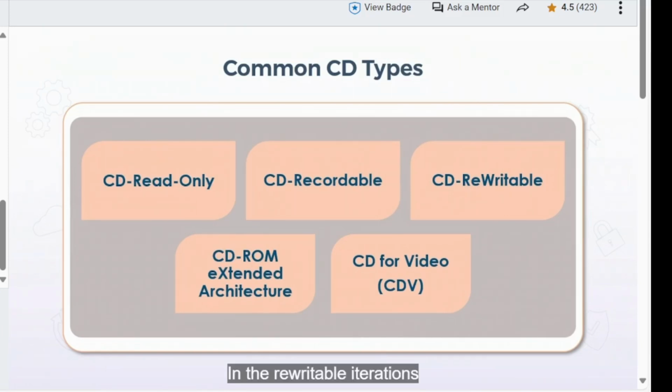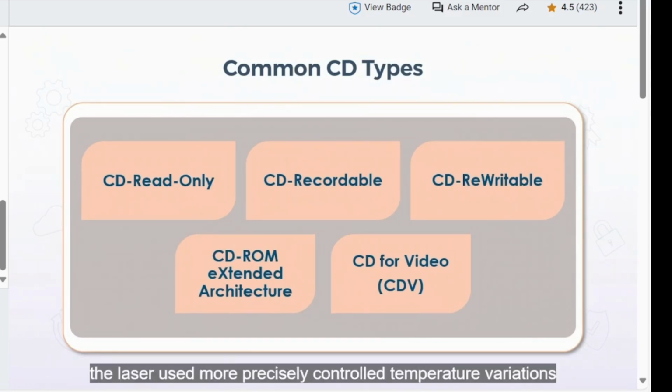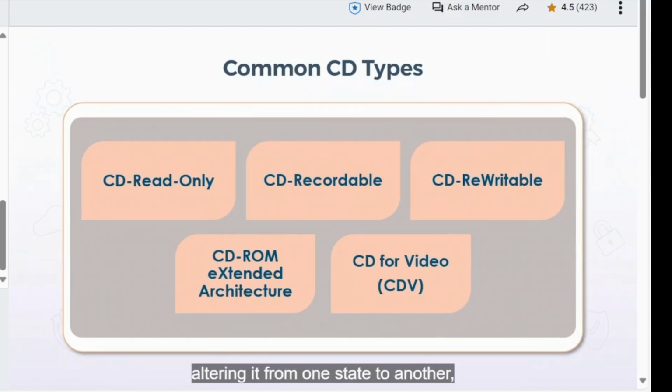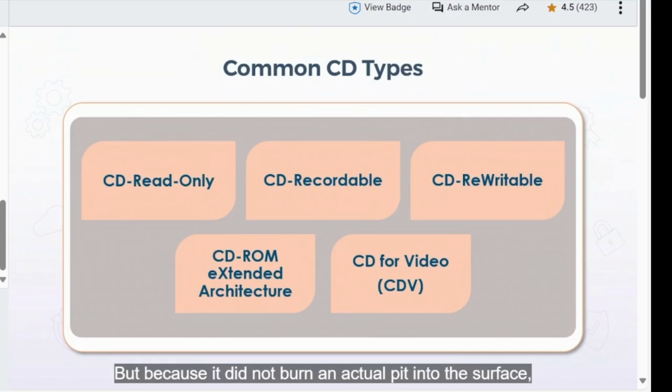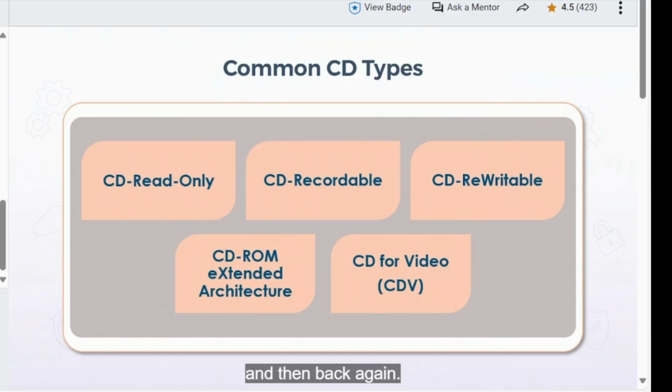In the rewritable iterations, the laser used more precisely controlled temperature variations to interact with the chemical composition of the disk, altering it from one state to another, each state representing a 1 or a 0. But because it did not burn an actual pit into the surface, this change of state allowed them to be rewritable, because you could change the state from one state to another and then back again.